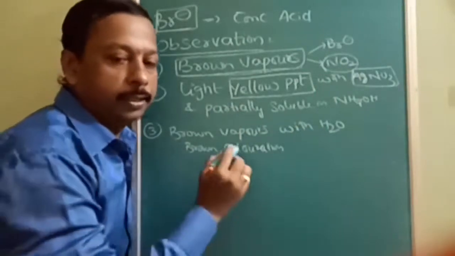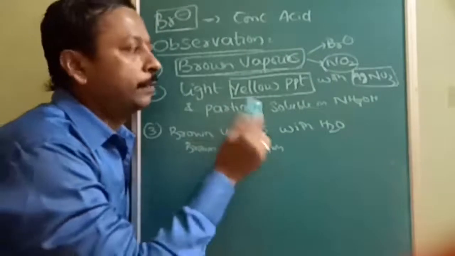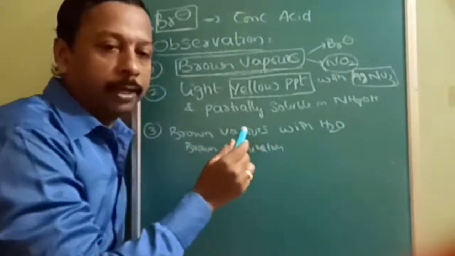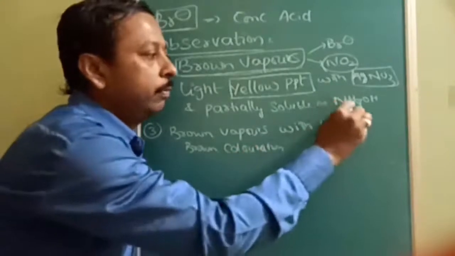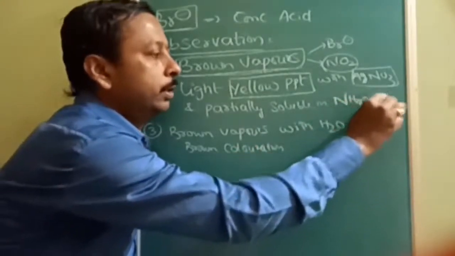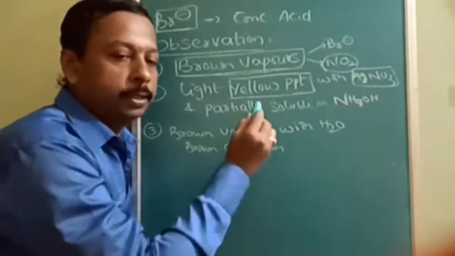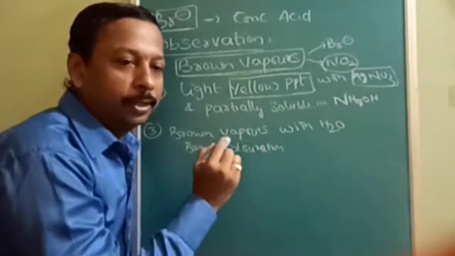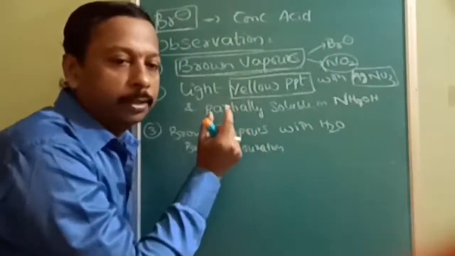What is the reason? That I will give you through the chemical equations. And after that, to further confirm, we add what substance? Ammonium hydroxide. Here also we are adding NH4OH. There it was soluble in NH4OH. But the main problem here also is that light yellow and white are very similar colors.